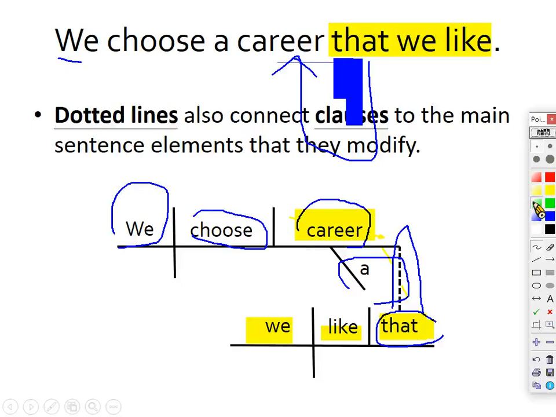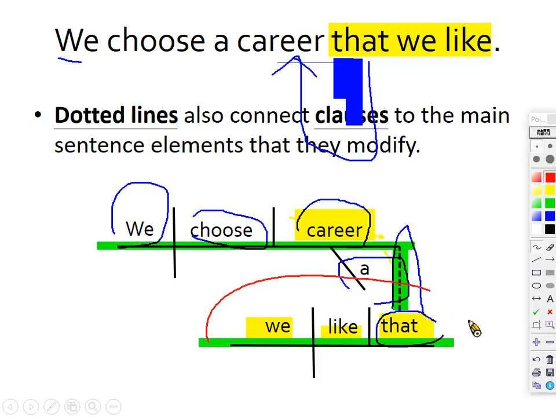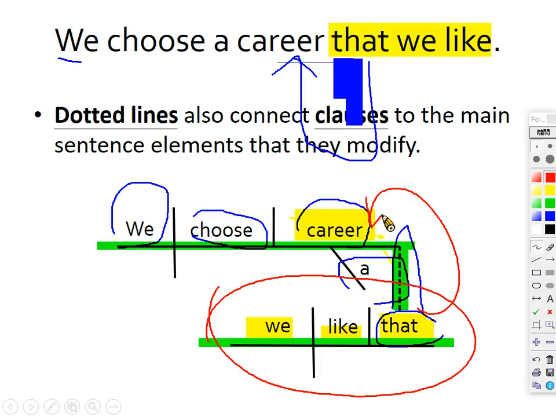So if you look here, this is the main line, right? And this is connected by "that," a dotted line. And this is another main line, but this main line is for the dependent clause. Because altogether, this part is used to modify career, that's it.